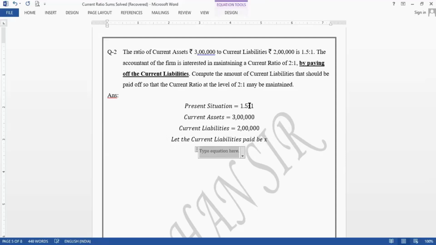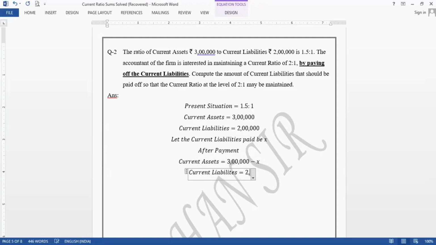So now, after payment, let us know the current assets. Current assets will be equal to 3 lakh. We have paid some amount, so our current asset reduces, cash reduces, right? So 3 lakh minus X is the current assets after payment. In the same way, after payment, my current liabilities will also reduce.